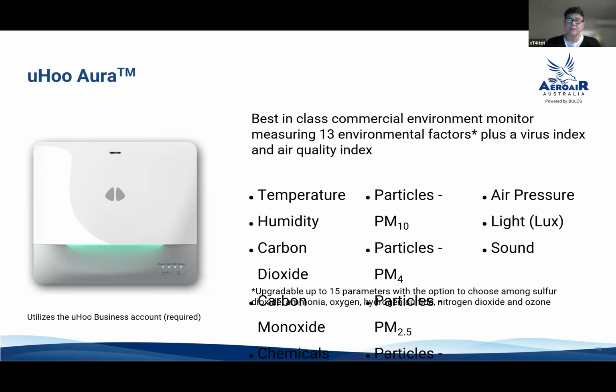Light and sound is what we call sustainable living. So the Green Neighbors rating uses light and sound. If you're going into a commercial property and they say, I've got a Neighbors rating, then this is the type of monitor you would be able to use to help them analyze what's happening with the indoor air quality.